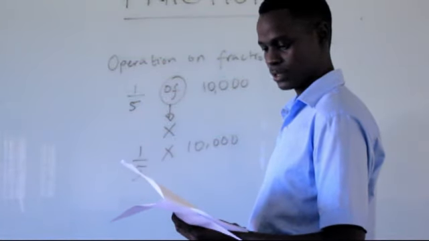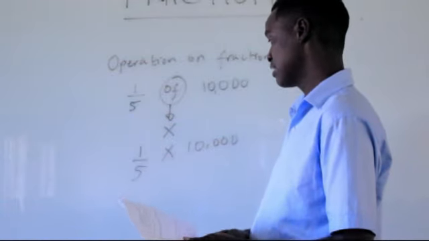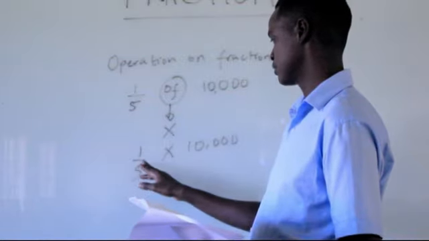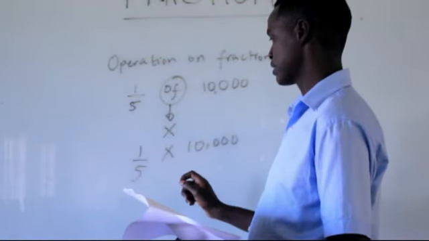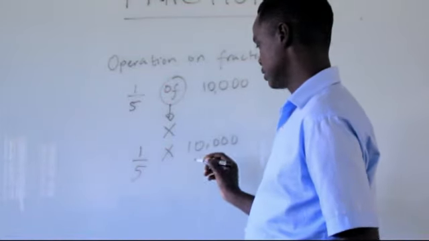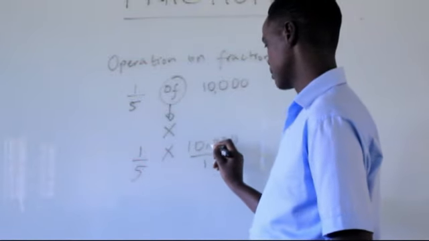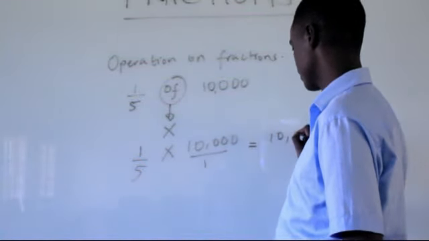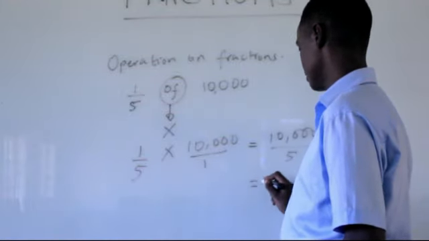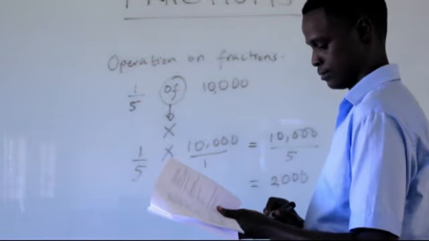Right? So how do we work out such equation? We know that 1/5 times 10,000, so we shall divide 10,000 by 5. Alright? So this one is over 1. So 1 times 10,000 is 10,000 over 5 times 1, which is 5. And this gives us 2,000. Okay.